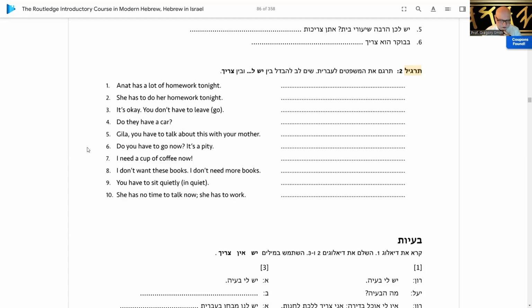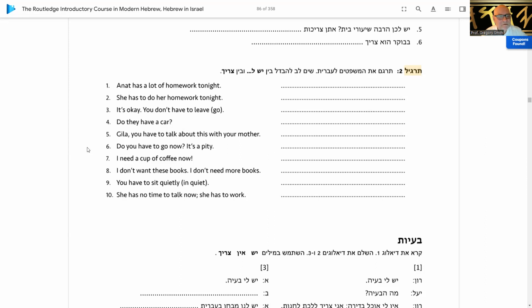I want to look at this one here. Ele, these books. Wonder what they're using here. Yeah, ha'ele. That's right. That's right. It's ele is these.